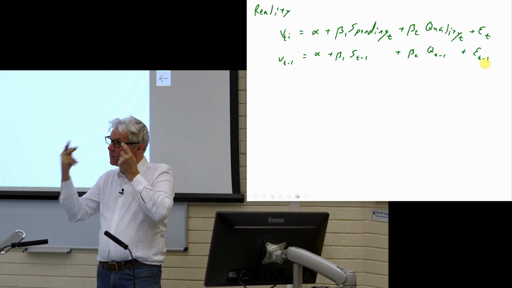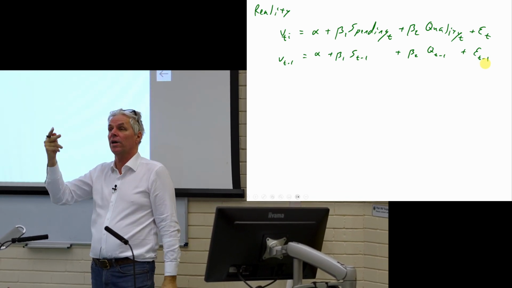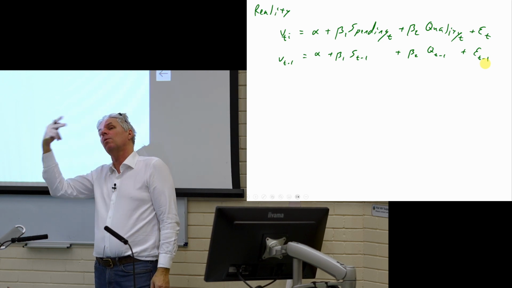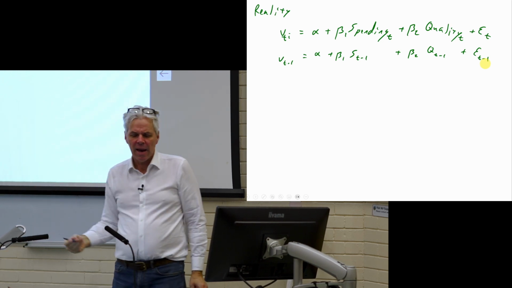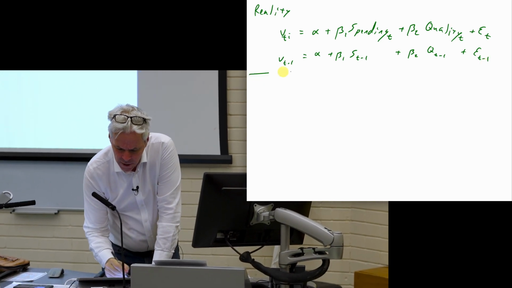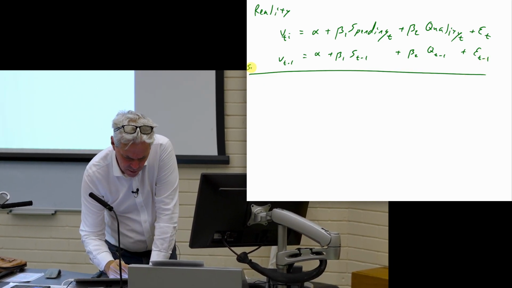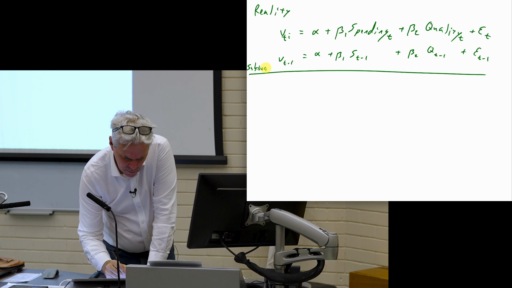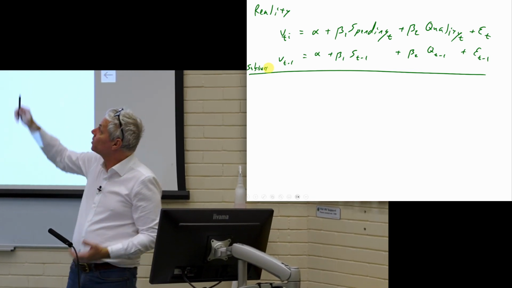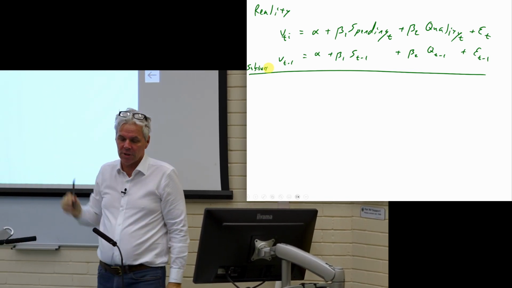So these are the same two guys that came up against each other twice, once in t-1 and once in t. And now what I can do is subtract the second line from the first line.